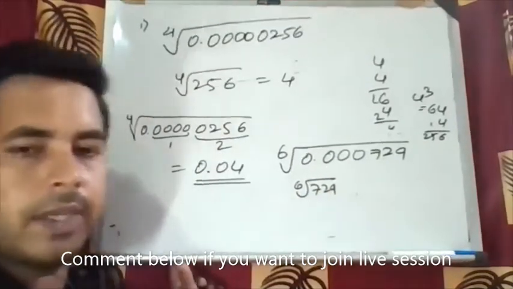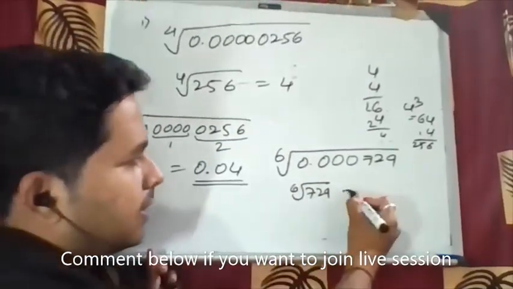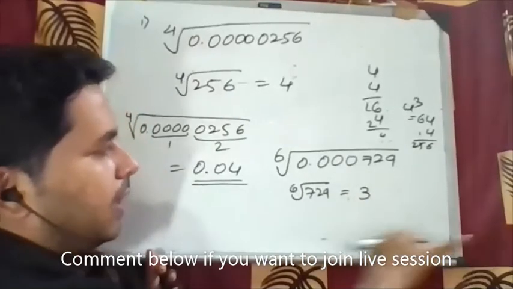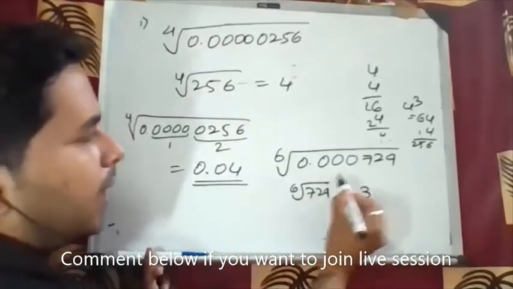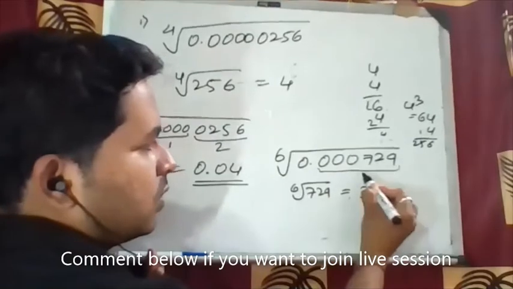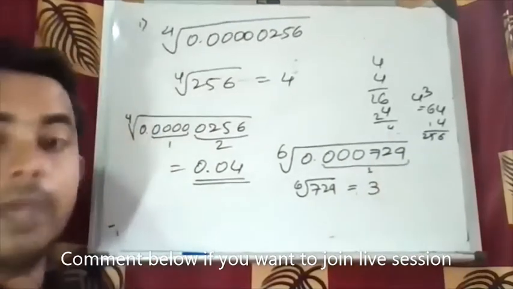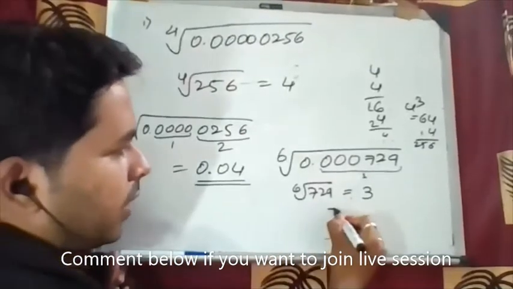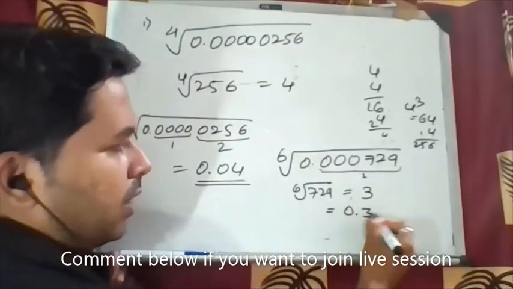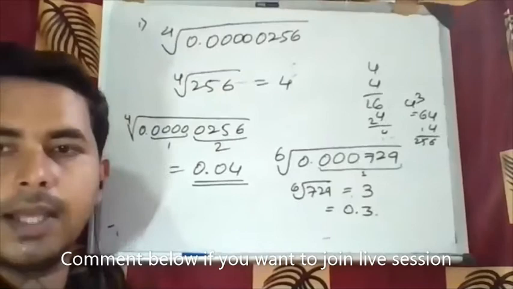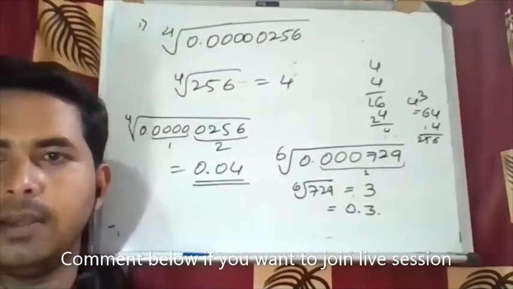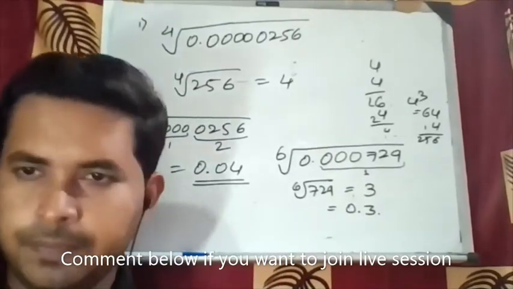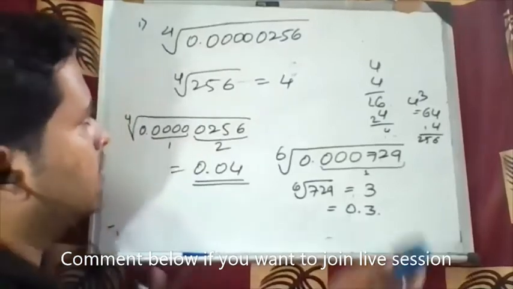The sixth root of 729 is 3. So here make a group of 6 digits, so here only one group will form. Make a group of 6 digits. Here you will get the answer 0.3. 0.3 is the answer.